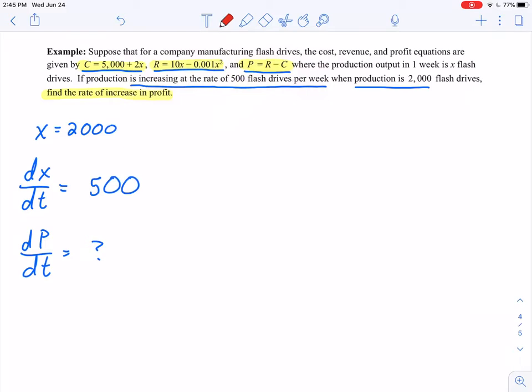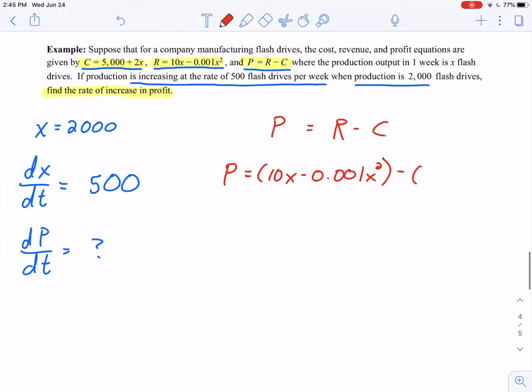So over here I know that profit is revenue minus cost. Profit is equal to revenue. This is 10x minus 0.001x squared. So there's my revenue function, minus my cost function, that is 5,000 plus 2x.